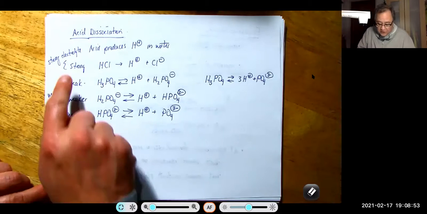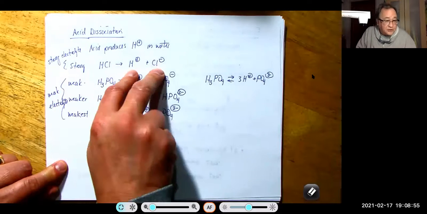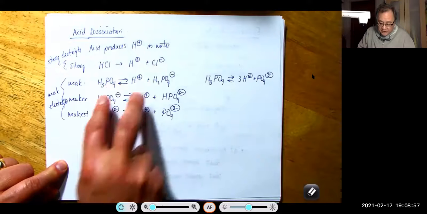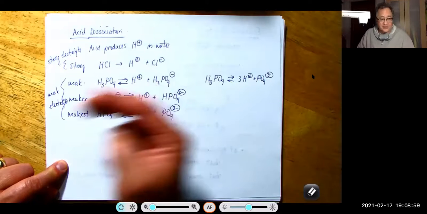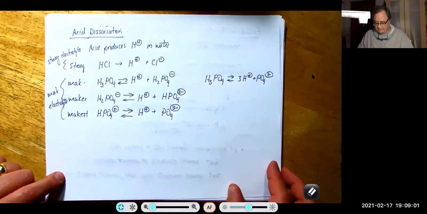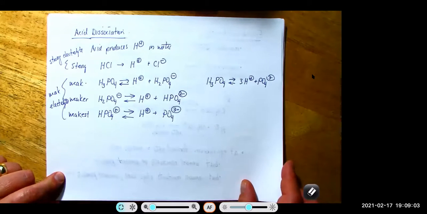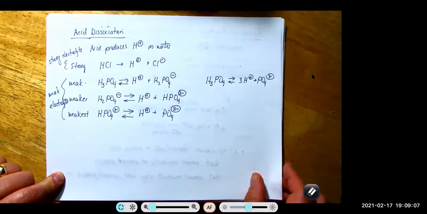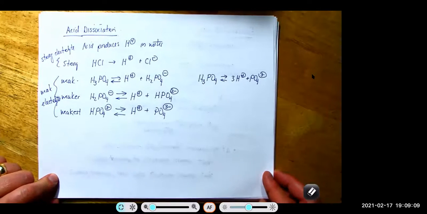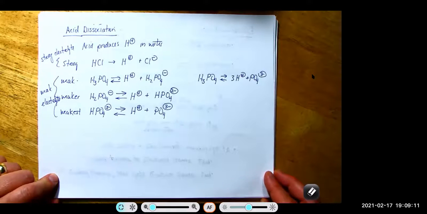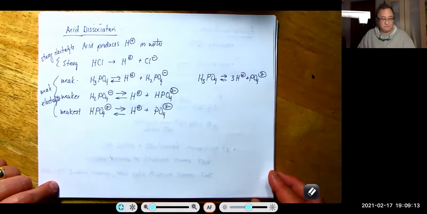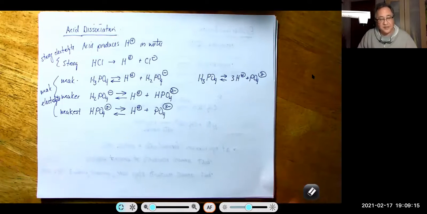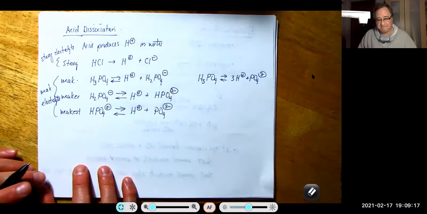So strong electrolytes produce a lot of ions in solution. Weak electrolytes don't because it's a reversible reaction. Tony, other than it being a reversible reaction, is that the only thing that makes it a weak electrolyte? Or is there something else we can see? Nope. That's what makes it a weak electrolyte, is because it's a reversible reaction.